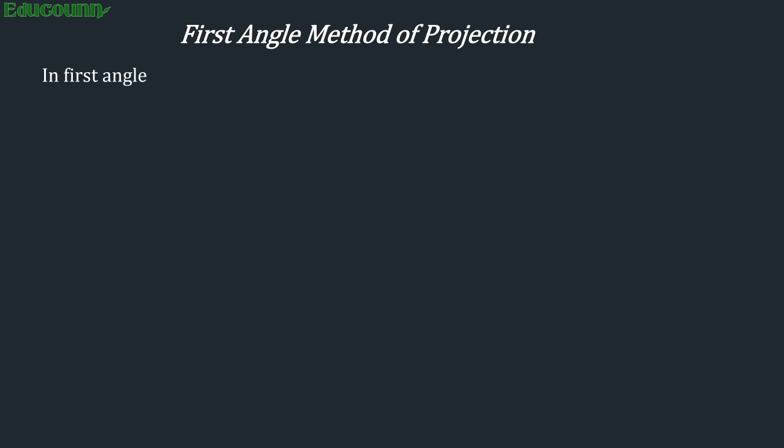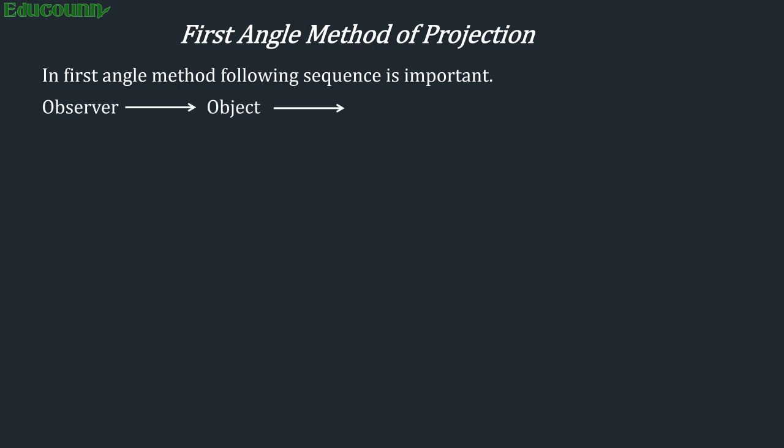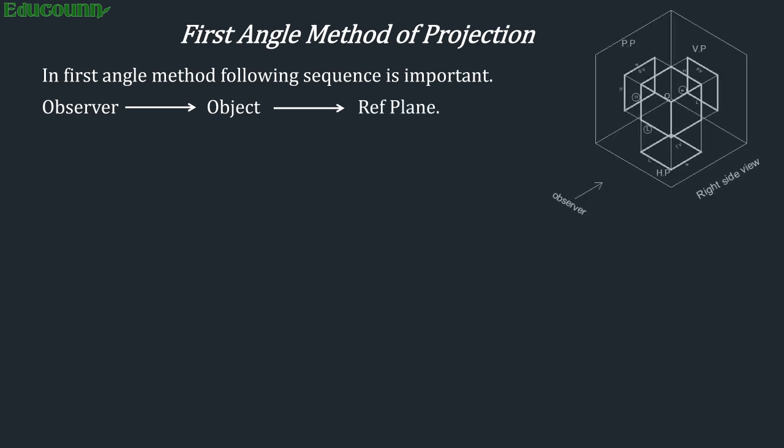We will see the first angle method of projection in detail. Now, in the first angle method, the following sequence is very important. First comes the observer, then comes the object and then comes the reference plane. This we can understand with the help of the figure shown on the right side of the slide. You can see this sequence in the front view as well as in the side view and the top view.